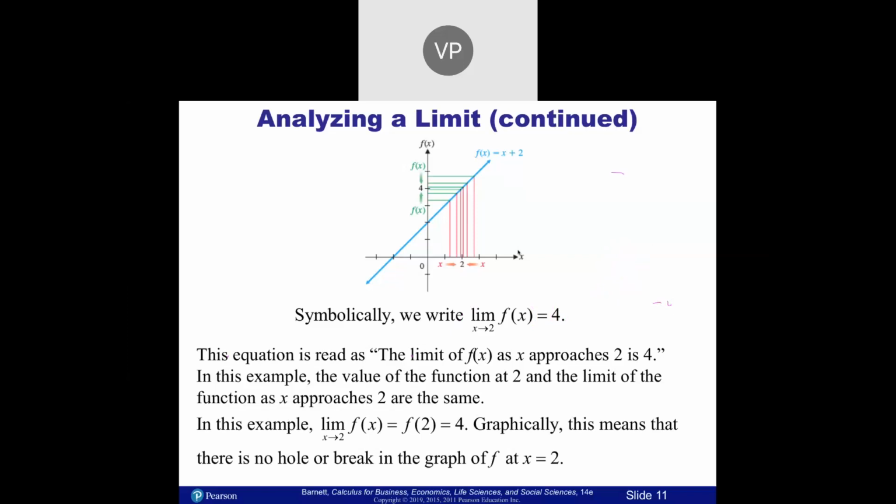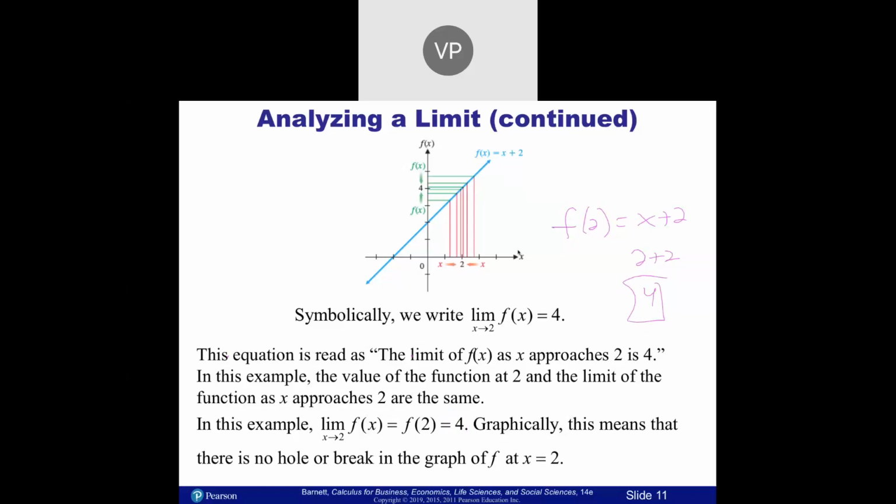If you look at it, a lot of you notice it's like, well, why do we have to go through all this process? I could just plug in f of 2. And when you plug in f of 2 into this function right here, you get 2 plus 2, you get a 4. You get the same answer without doing all these decimals. And that's how it's going to be at the beginning, okay, where the limit is basically what the function is.